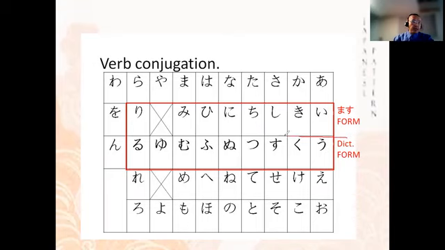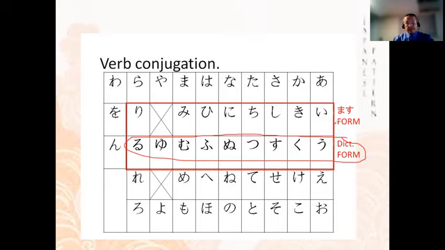So here you see I say dictionary form. That means all the Japanese verbs end with these characters, and you can find it in the dictionary. That is why it's called a dictionary form. On the other hand, we are learning to conjugate the masu form for this chapter.